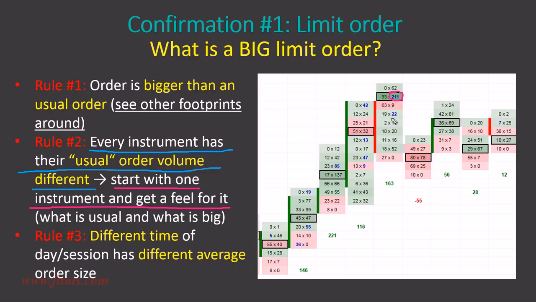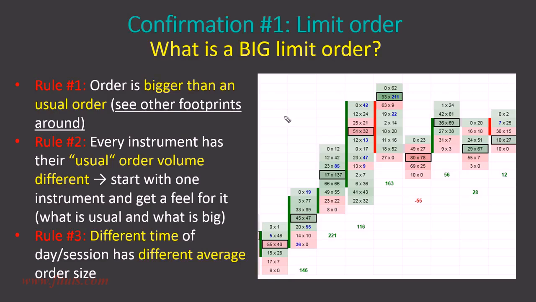You'll know that if there are 211 contracts jumping in the European session, this is a big number, and most likely this is a confirmation. You'll get a feel for the numbers. You will know what is above average and what is below average. So that's why I recommend using the order flow and this confirmation method for just one trading instrument at first, and then maybe add some more, but start with one.